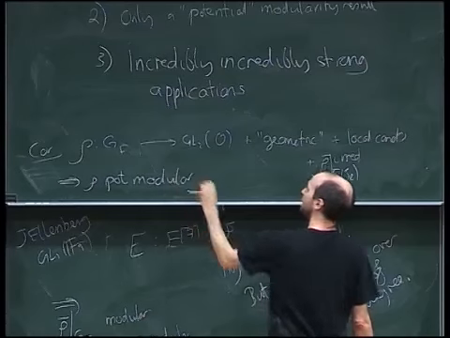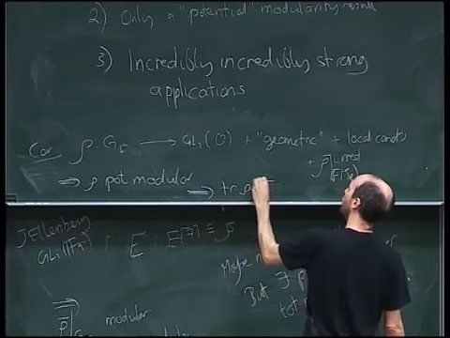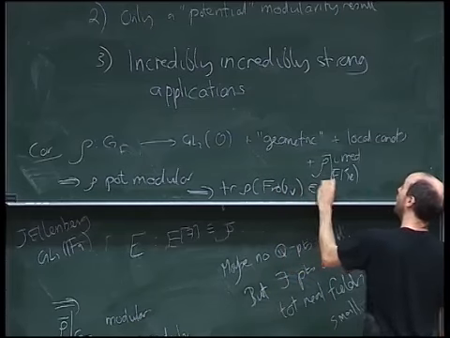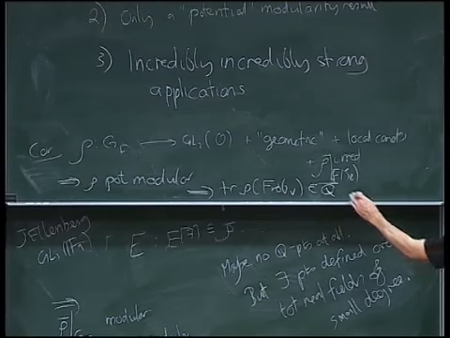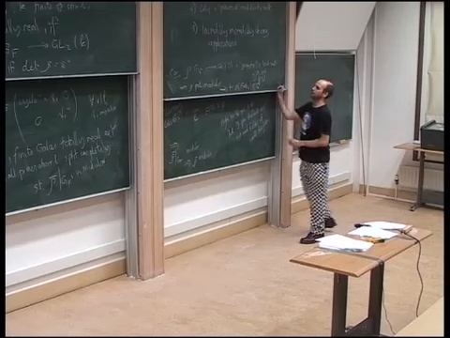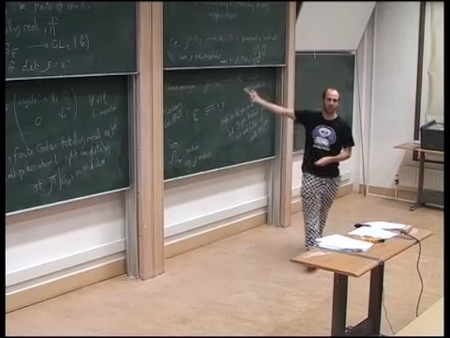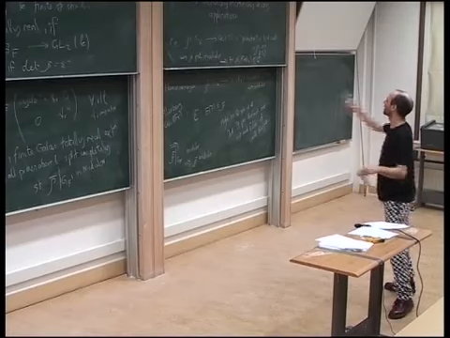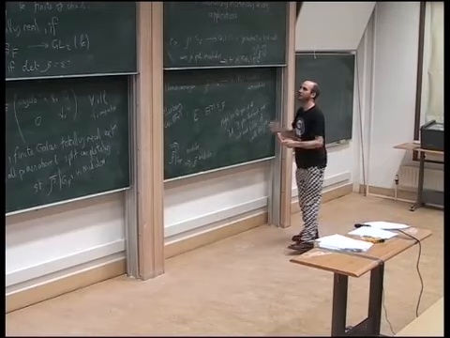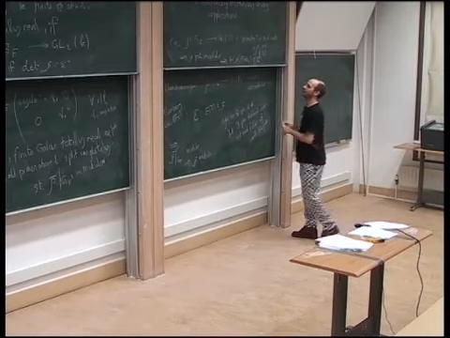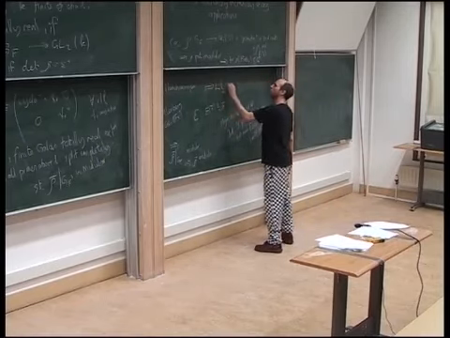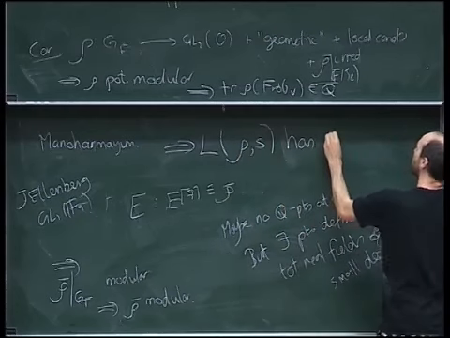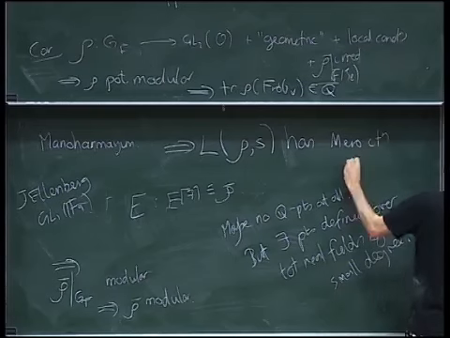and that implies that things like the trace of rho of Frob v is in Q bar, for example. That's absolutely non-obvious, and it implies that the L function is well defined, somehow independent of your choice of isomorphism of Q bar with C. And it also implies that the L function of rho comma s has a meromorphic continuation plus functional equation.